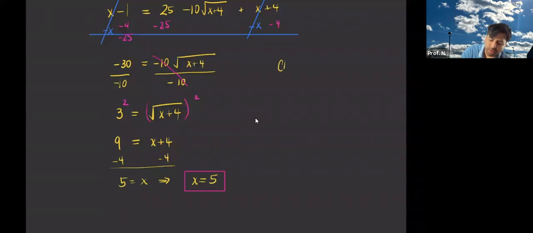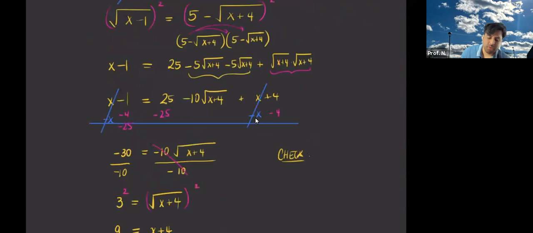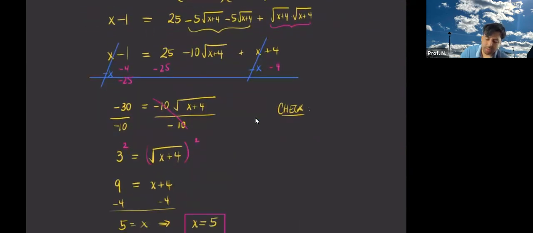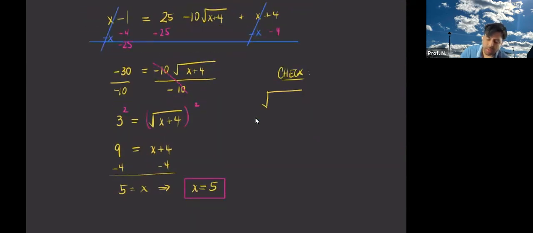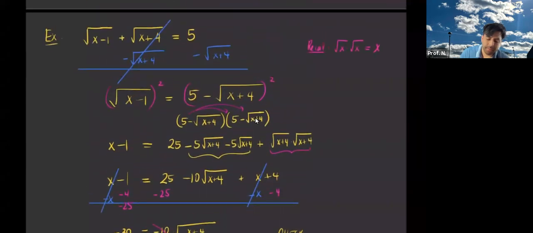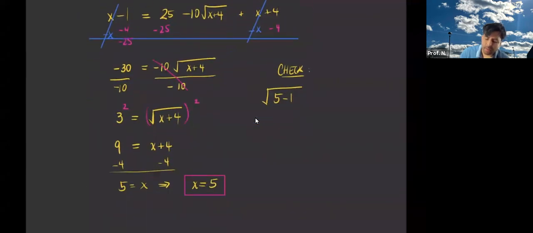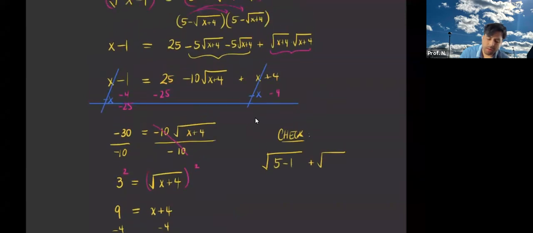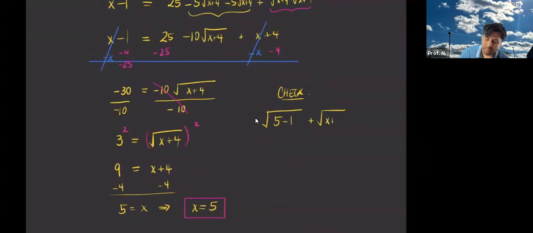And now, of course, we want to check our original equation. I get the square root of 5 minus 1 plus the square root of x plus 4. Does this equal 5? Well, what's 5 minus 1? 4.